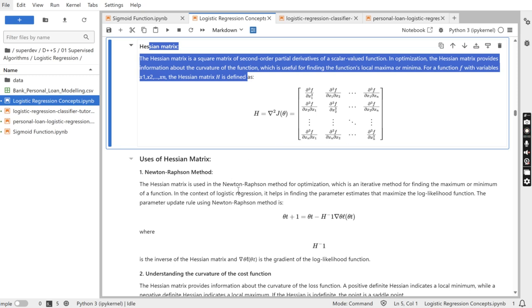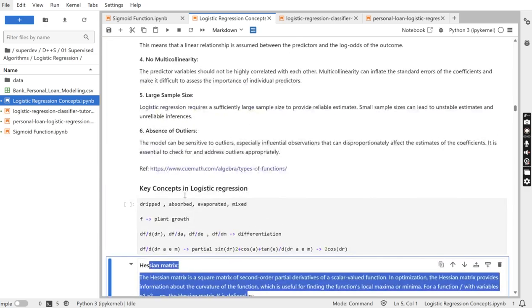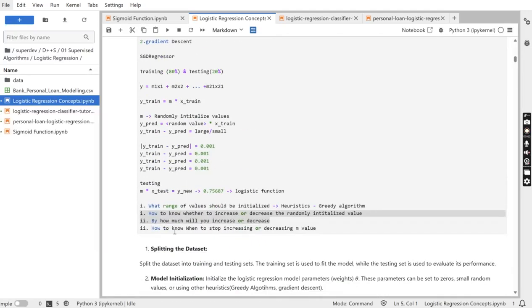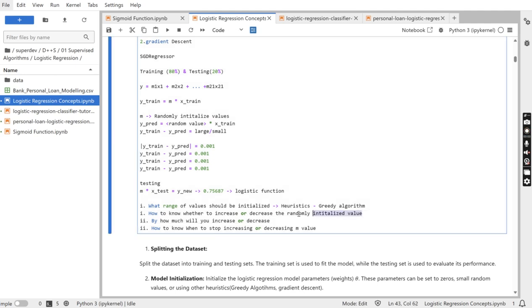Now taking this Hessian matrix concept, the original question we are trying to answer is this: how to know whether to increase or decrease the randomly initialized values? And if you are increasing or decreasing, how do you know how much to increase or decrease? That is the next question.